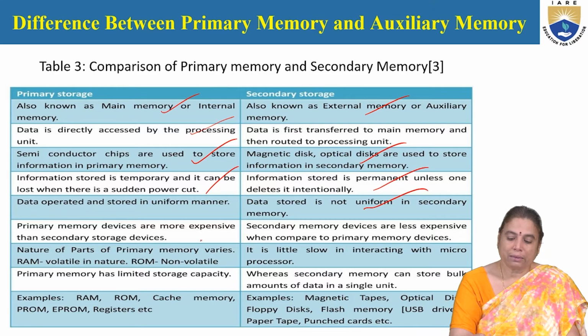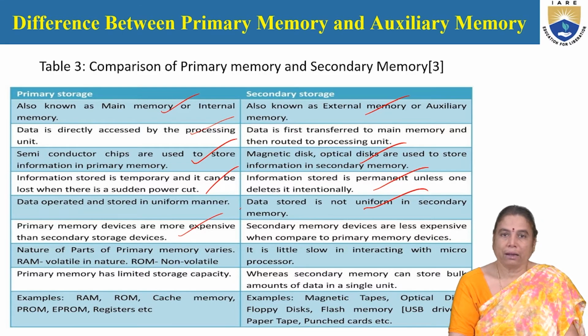Primary memory devices are more expensive when compared to secondary memory, and primary memory has limited storage capacity, but secondary memory can have a vast storage capacity.